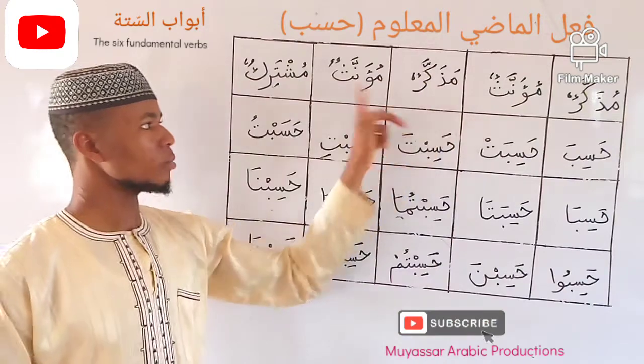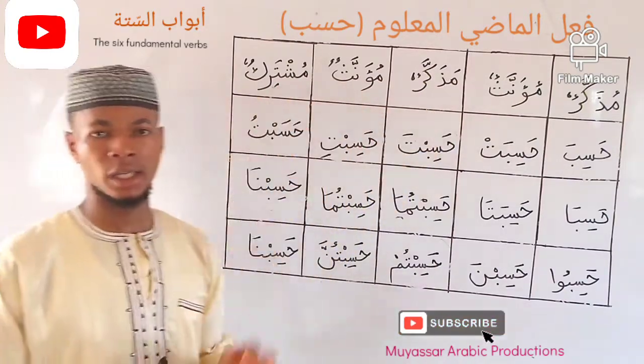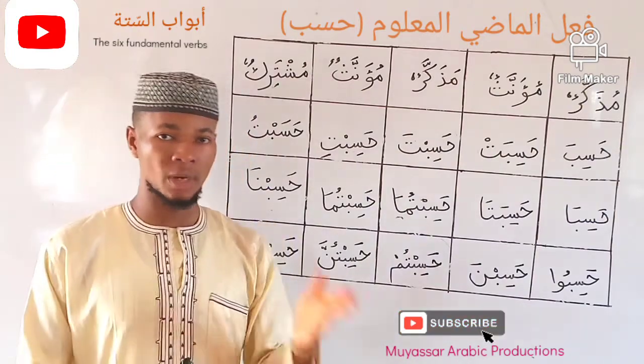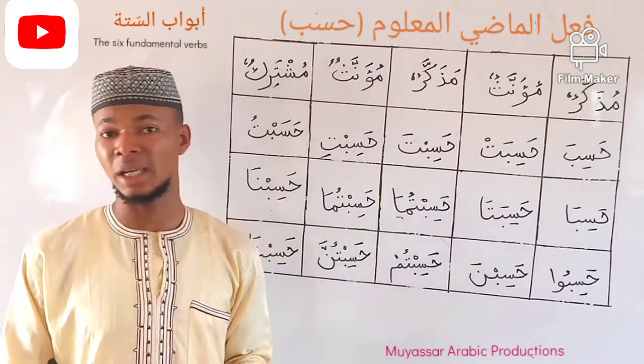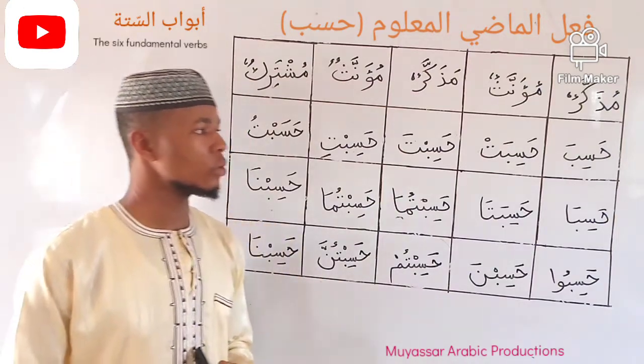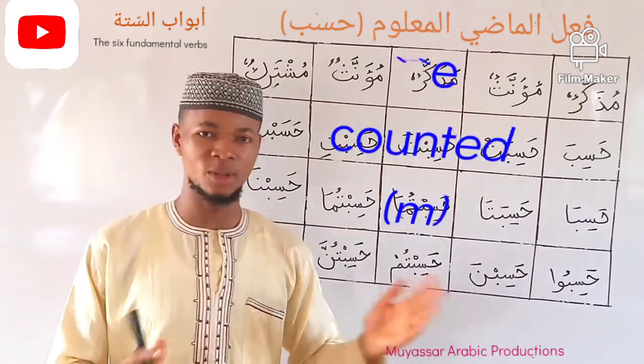Then the last one is mushtarik, meaning the set of verbs that are referring to both the masculine gender and also the feminine gender. Now, the first verb we have on this table is hasiba, meaning he counted.